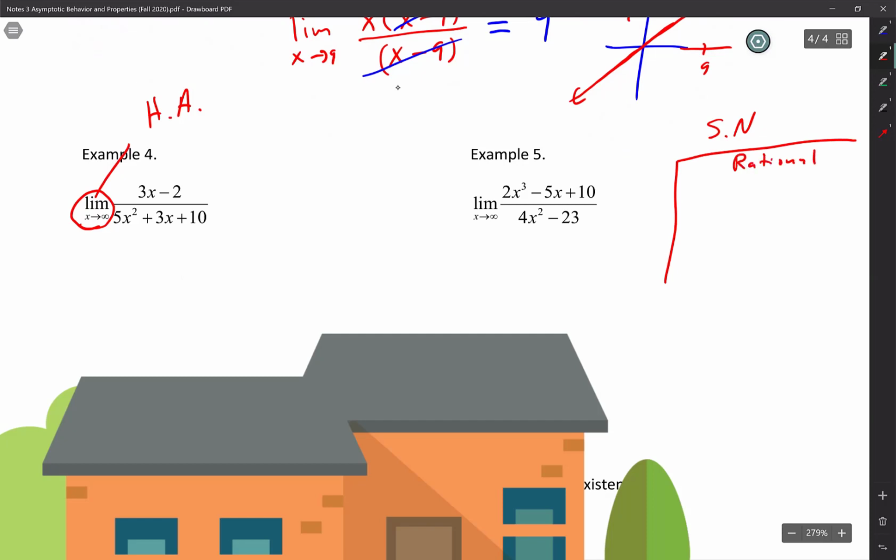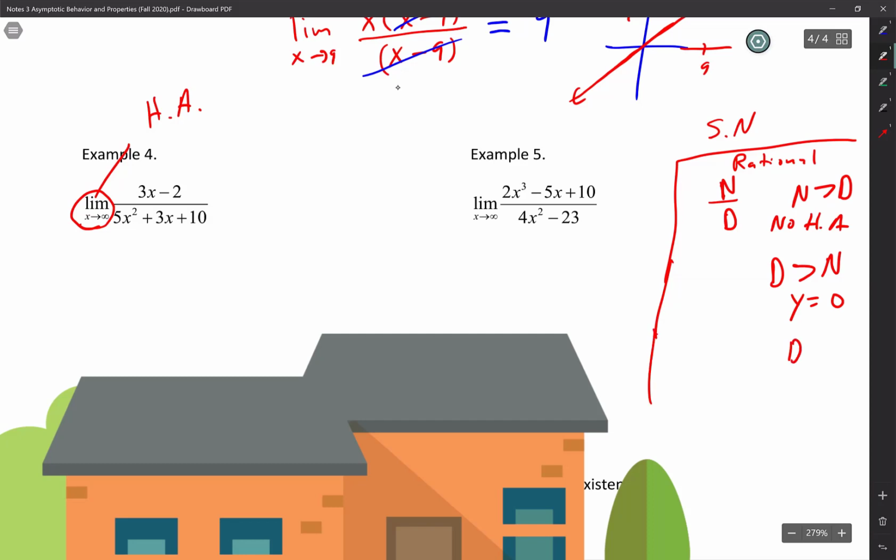If the degree of the numerator, I'm going to put numerator, denominator. We're talking about degrees, guys. If the degree of the numerator is larger than the degree of the denominator, you have no horizontal asymptote. If the degree of the denominator is bigger than the degree of the numerator, your horizontal asymptote is y equals 0.